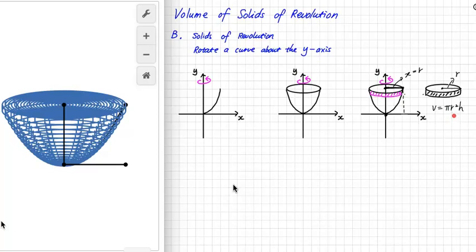And the height of the cylinder is represented by the change in y value. So therefore we can say the volume is pi x squared delta y. This is the volume of one disk, or one slice of the cylinder.